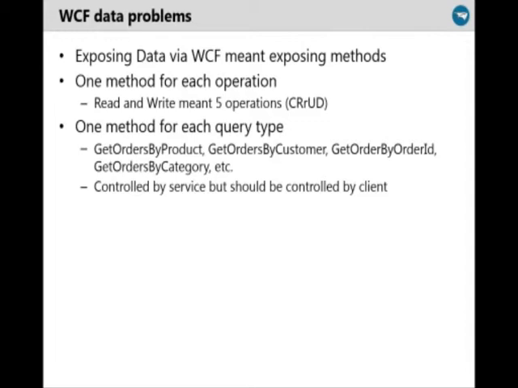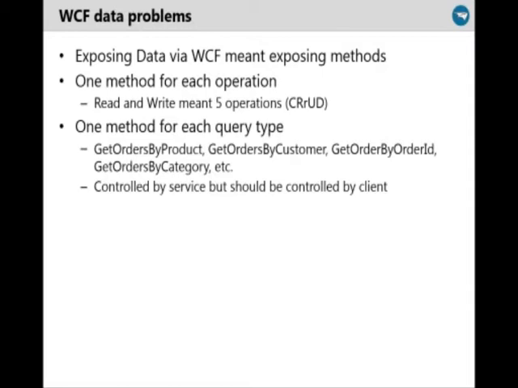You've attributed those operations with web-get and web-invoke and so forth, but that's really what you're doing. The problem you run into is one of too many methods. You're writing too much code to expose your data. You have to write the code, you have to maintain the code, right? So the first problem is that you have to have one method for each operation.